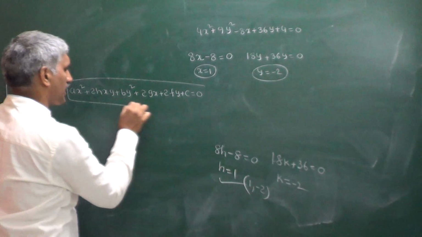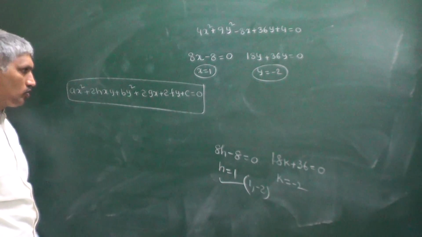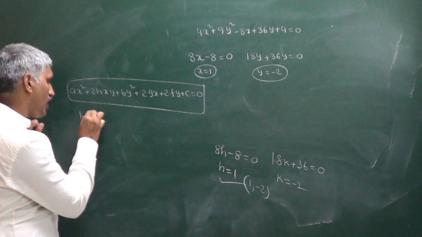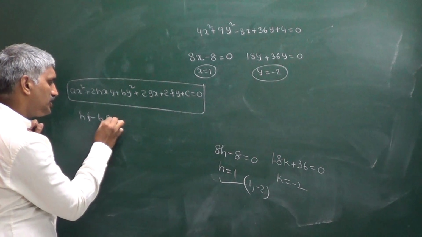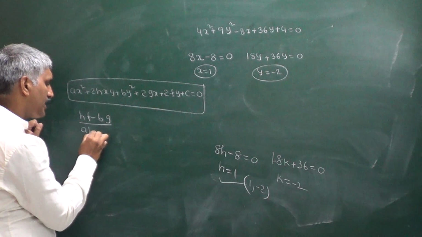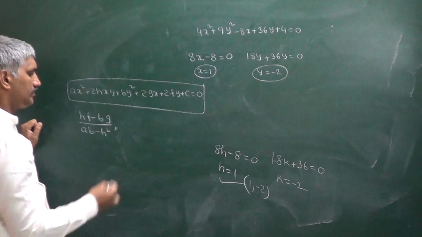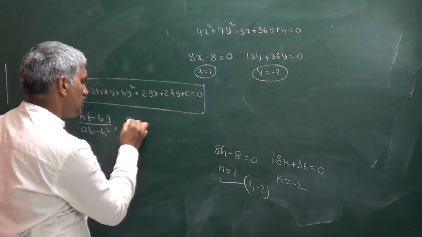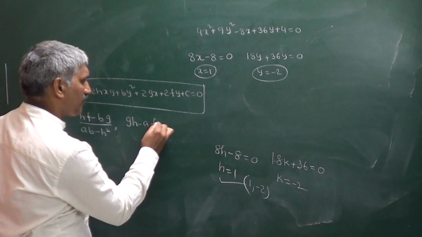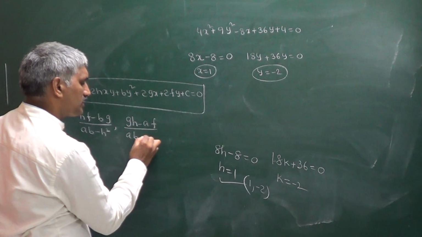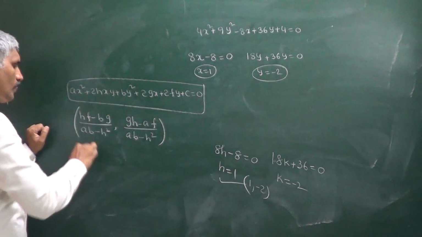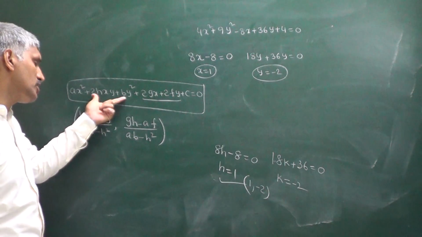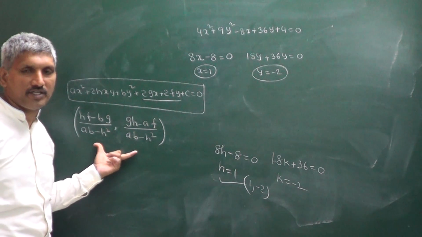To remove the first degree terms in this equation, the origin should be shifted to the point (hf minus bg) divided by (ab minus h square), comma, (gh minus af) divided by (ab minus h square). To remove the first degree terms in this equation, the origin should be shifted to this particular point.